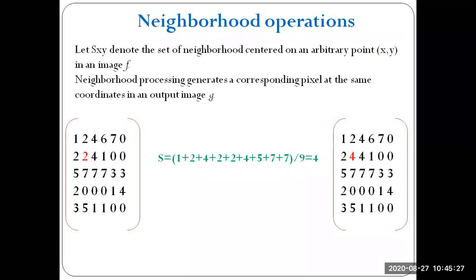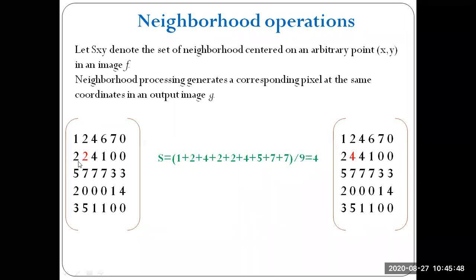Now neighborhood operation. What happens here? Sxy denotes the set of neighborhood pixels centered on an arbitrary point xy in an image. Suppose my image has pixel values 1 2 4 6 7 0, 2 2 2 4 1 0 0, and so on.